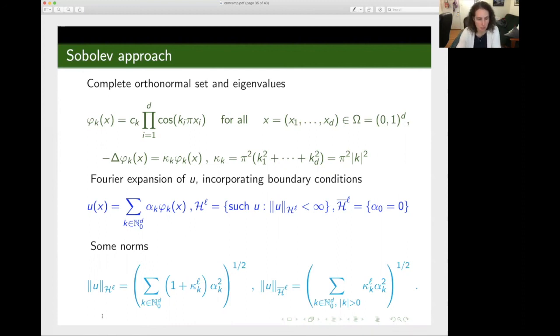And then some norms. This norm here is not necessarily the standard norm, but it is equivalent to the standard norm. And I'm using these norms because they are going to make it easier to work with things, because everything is written in terms of eigenvalues of the Laplacian.